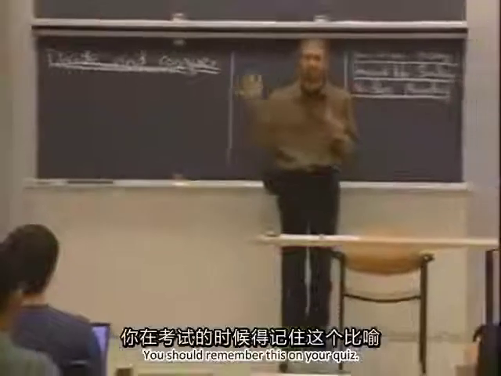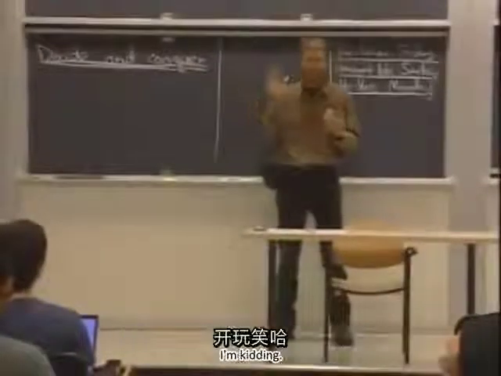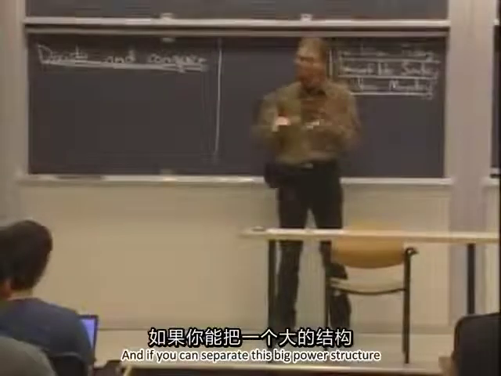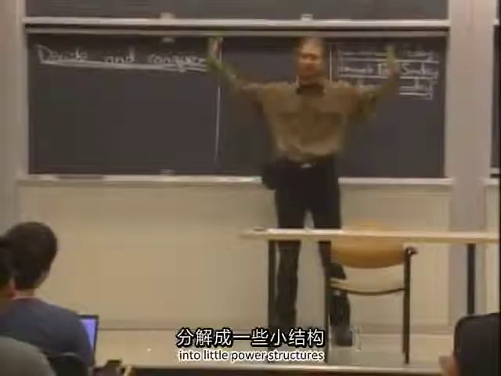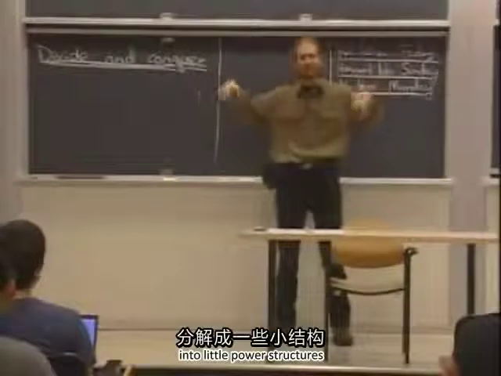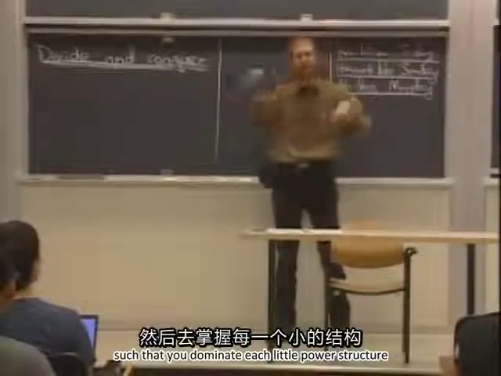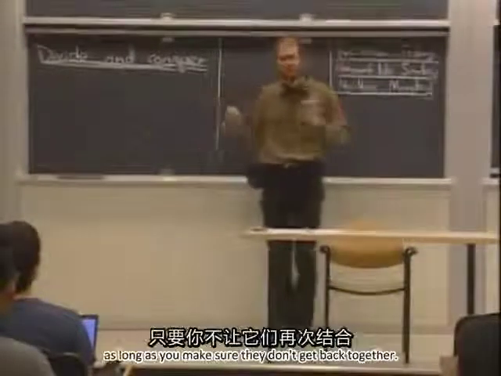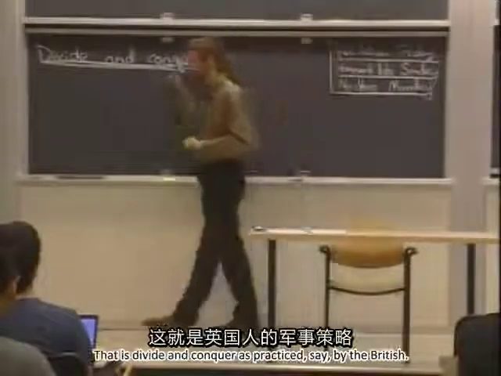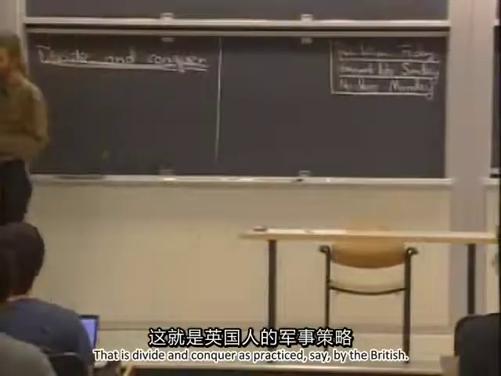So you should remember this on your quiz. I'm kidding. And if you can separate this big power structure into little power structures so that you dominate each little power structure, then you can conquer all of them individually, as long as you make sure they don't get back together. So that's divide and conquer, as practiced, say, by the British.